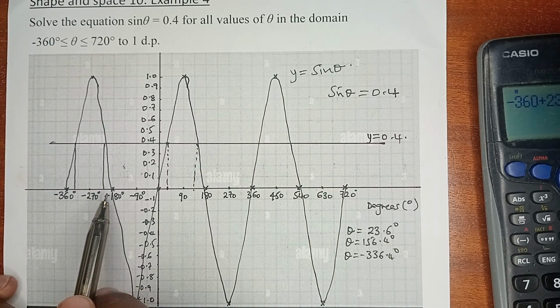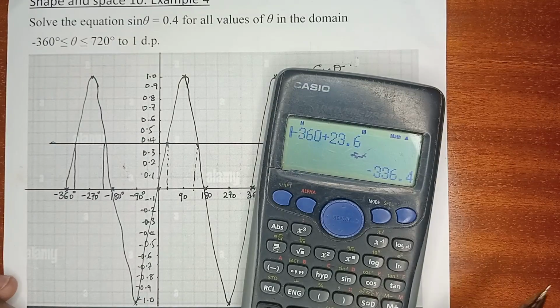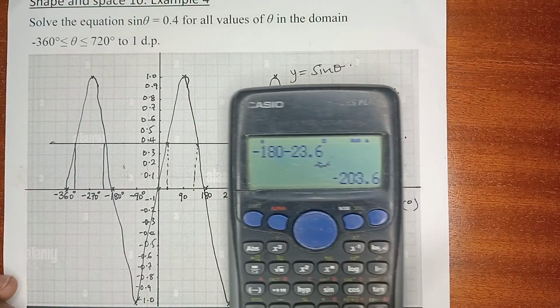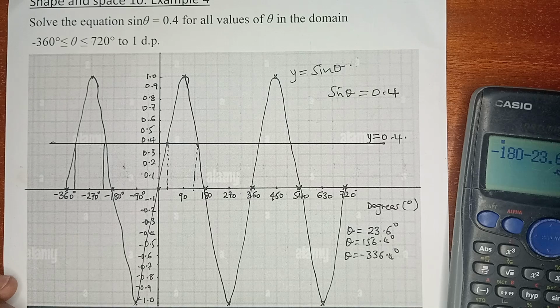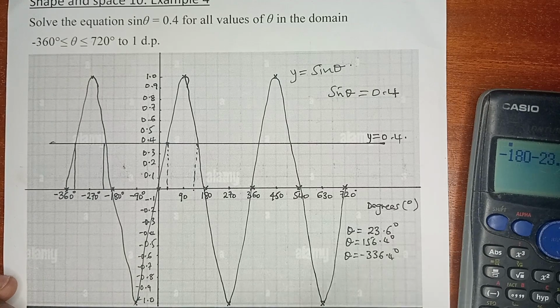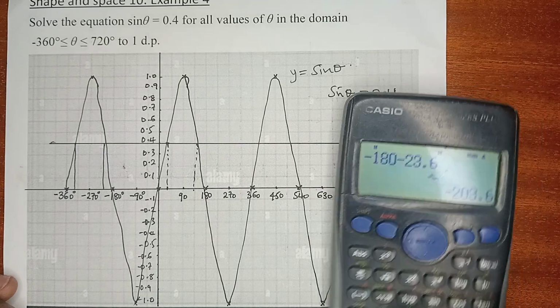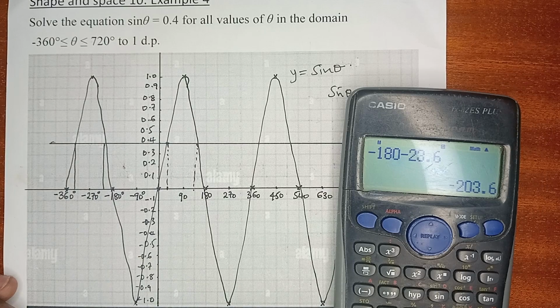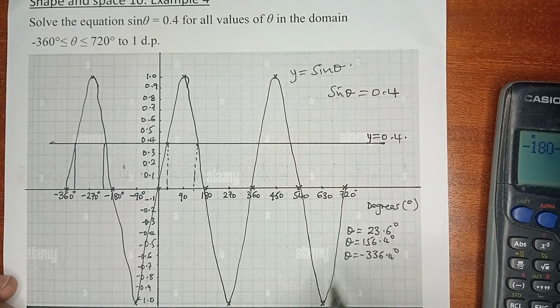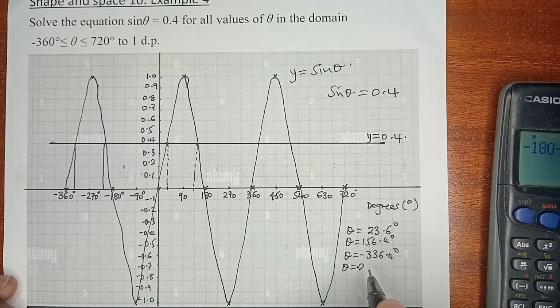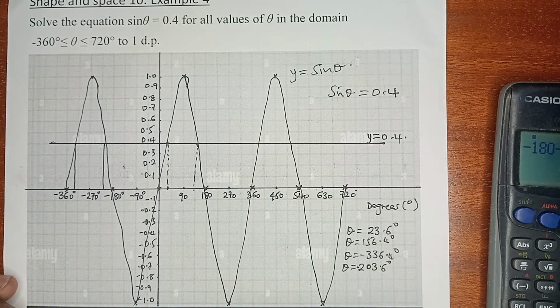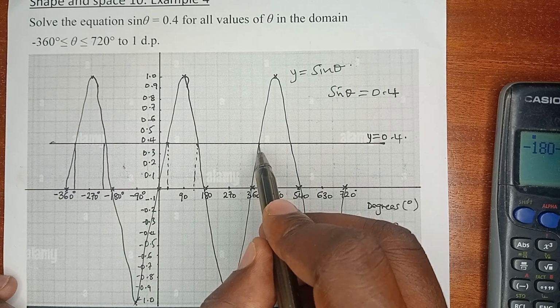And this one is minus 180 minus 23.6 degrees, and the angle we are finding there is negative 203.6 degrees. Theta can also be negative 203.6 degrees.